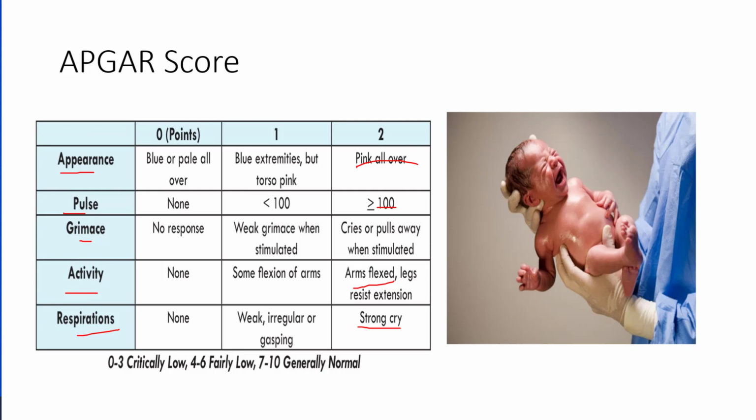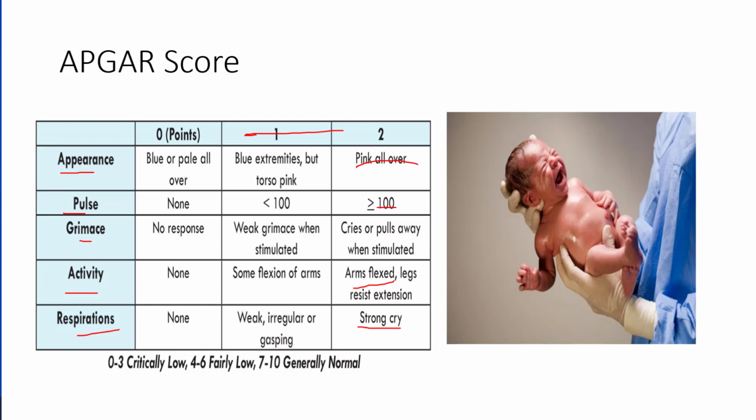So they should be kind of pink and squirmy, basically. That's a sign of a baby that's healthy. And again, as we move further down the scale to 0, we get more to a baby that's not as responsive, not as active. The heart rate's a little bit slower, and the skin's a little bit bluer, right? So that's not a good sign.